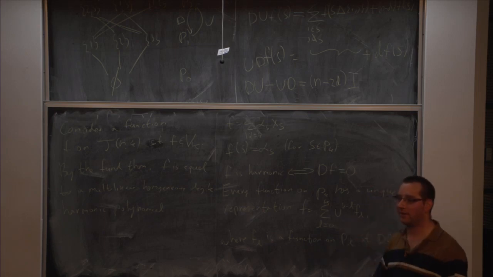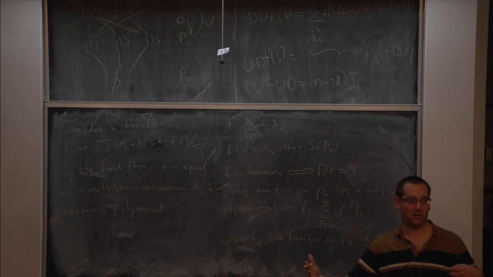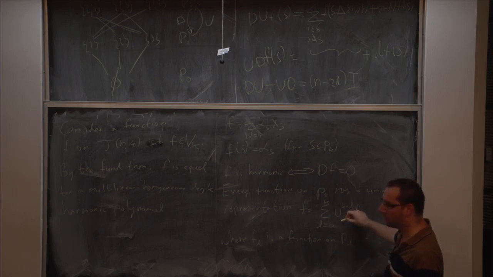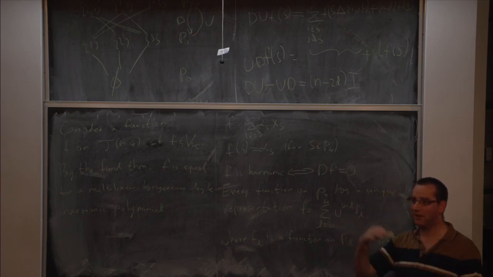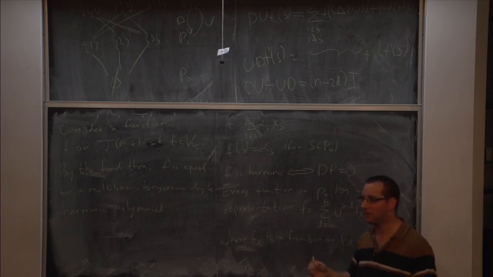And this is more or less the decomposition into homogeneous parts. It's only more or less because when you take the up operator, the value of the function gets multiplied, but we can ignore this.